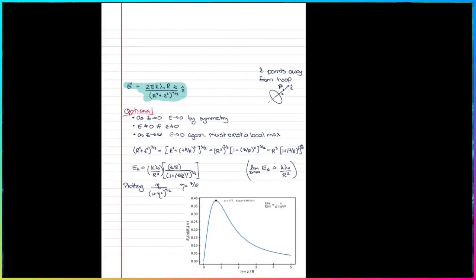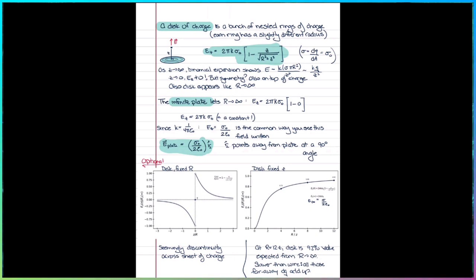From that, we're going to then do the disk, which you can think of as a bunch of rings, each with a slightly different radius. And then we're going to let this disk get bigger and bigger, so it essentially becomes an infinite sheet that stretches off in all directions. Again, that's an approximation, but we can do the same sort of analysis and see that it's a decent approximation.